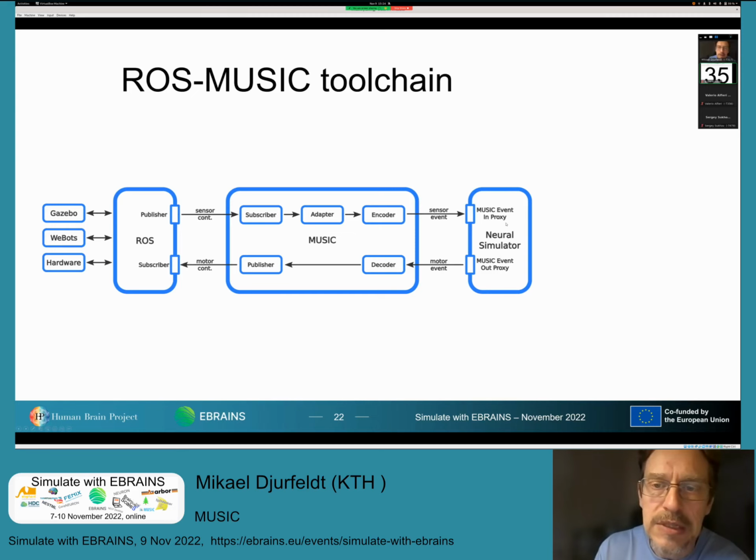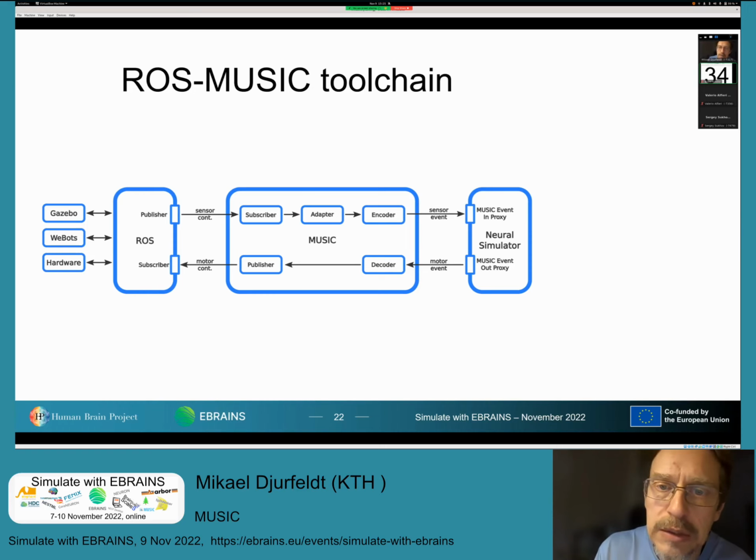But since we know all of these are music-aware applications, what I did was that I replaced the neural simulator portion with a Spinnaker model running in Spinnaker, and then at these arrows, I added something which I've written, called music Spinnaker adapter.